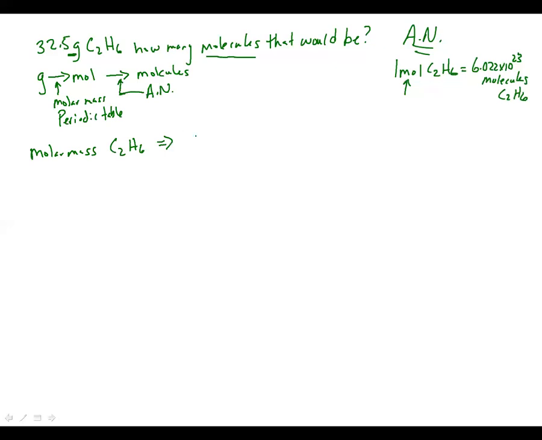There are 2 carbons, each at 12.01 grams per mole from the periodic table. Let's put carbon here. Plus there are 6 hydrogens in this case, each hydrogen from the periodic table 1.008 grams per mole.